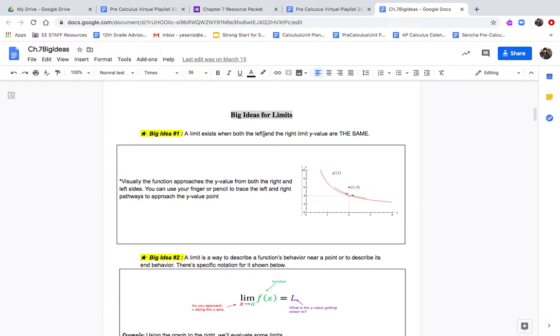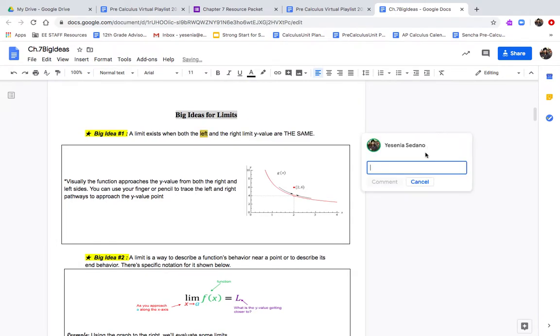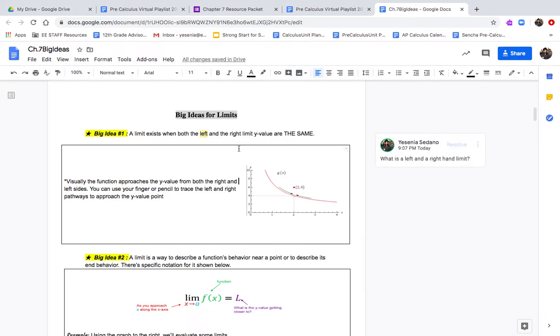Let's say that I wasn't in class when I talked about what is a left and a right hand limit, right? I could say, here's my clarifying question. And then I comment. So you're going to be doing a total of this 8 times for your assignment.